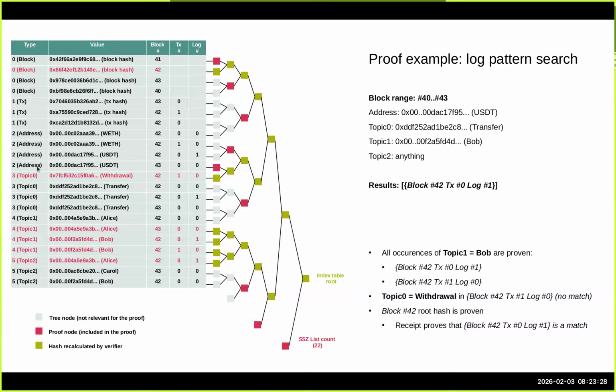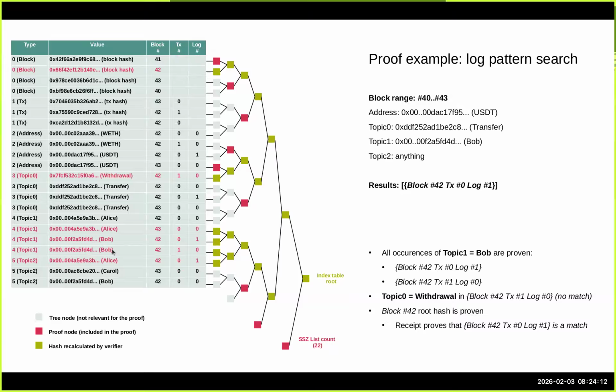Like here are these two lines. We look for the address type and the USDT value, and we can just do this tree search for the first and last entry, and we can already, without reading all the entries, I'm talking about what the prover does now, determine the number of matches for the USDT address, for transfer topic 0, and for Bob at topic 1. The prover can conclude that the least frequent thing is that topic 1 is Bob.